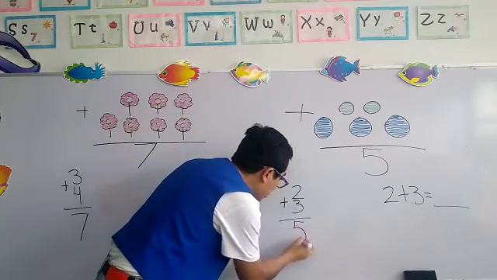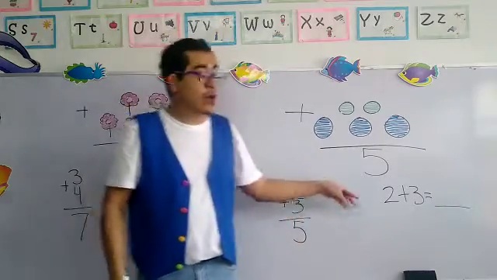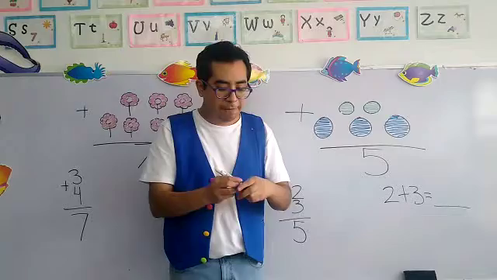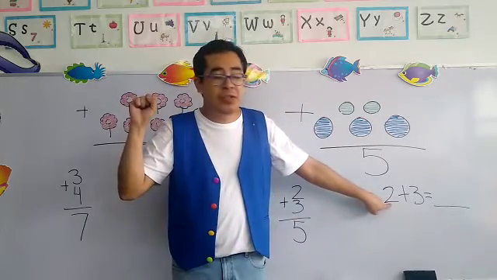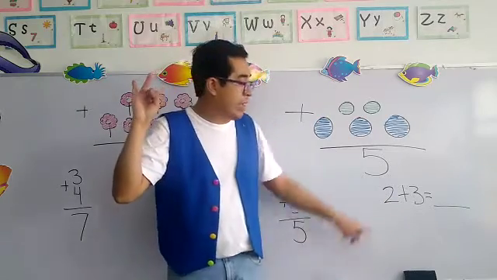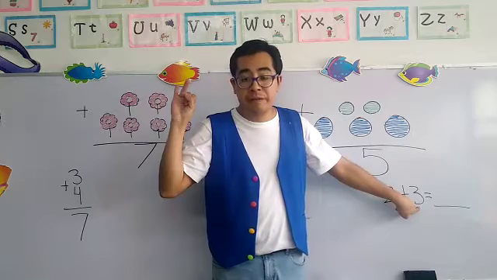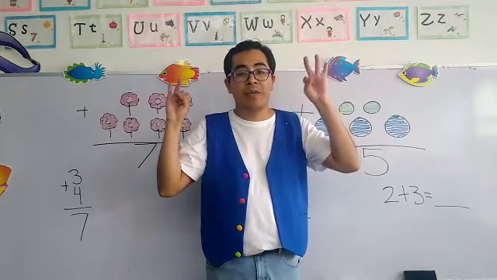Now this addition, remember, is in vertical form. Now let's do it in horizontal form. Once again, in the first hand, how many digits? 2 fingers. 1 and 2. In the second hand, how many fingers? 3. 1, 2, 3.